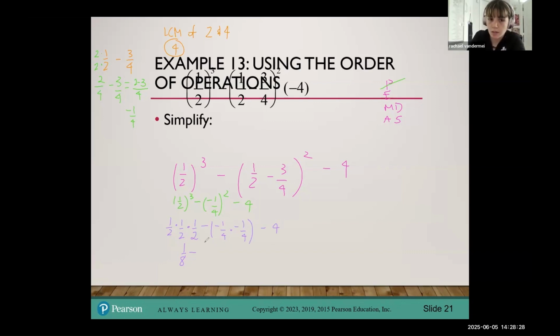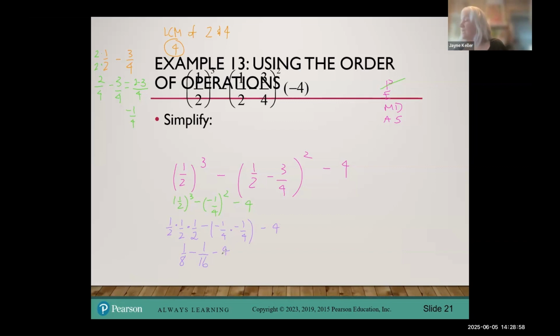So I have +1 over 4 times 4, which is 1 over 16. And it still stays minus, because the negative sign outside the parentheses keeps it negative. I've got to keep that.